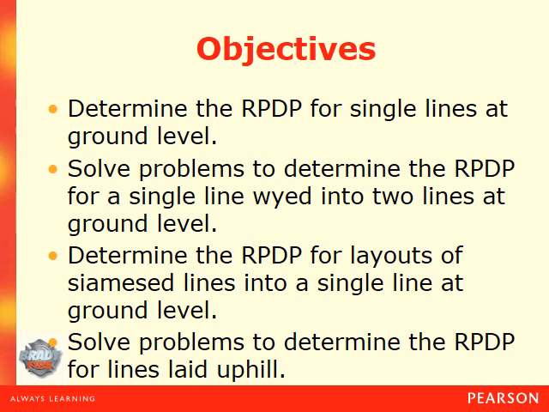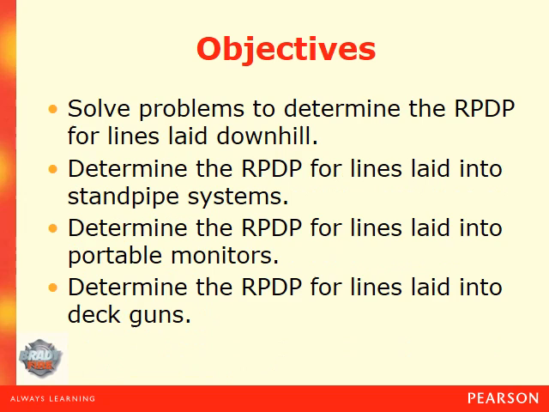Solve problems to determine the RPDP for a single line wide into two lines at ground level, and determine the RPDP for layouts of Siamese lines, which is joining two lines into a single line at ground level. Solve problems to determine the required pump discharge pressure for lines laid uphill. Solve problems to determine the RPDP for lines laid downhill.